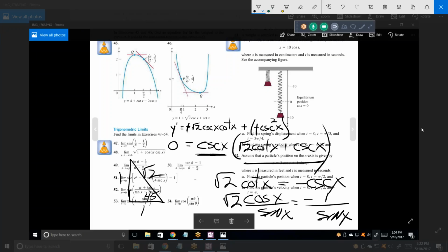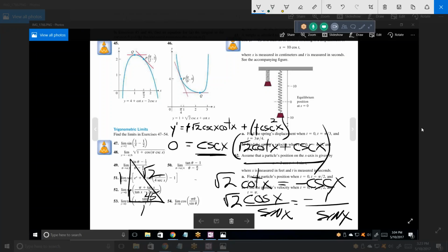What's the next thing that has to be true? Is there any way we can convert that? It's not negative cosecant x over sine x. It's negative 1 over sine x.